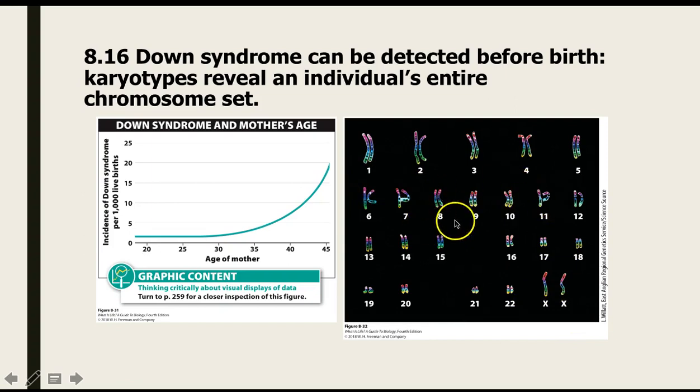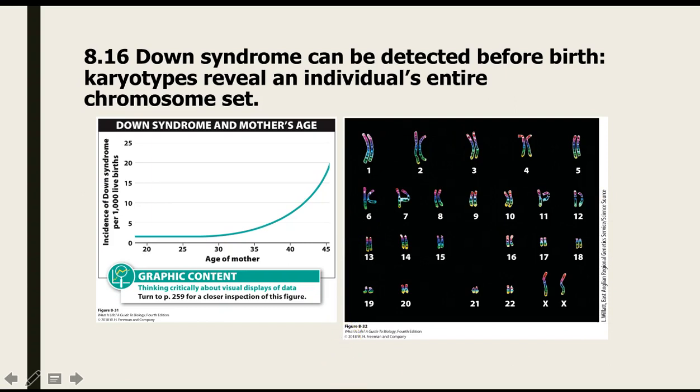But all of the other chromosomes have numbers associated with them. So there's chromosome number 1, number 2, and it goes all the way through number 22. That's your chromosome set. Somebody actually has to do this job of moving these chromosomes around so they look like they're arranged well, and they take this picture, and this is called the karyotype.